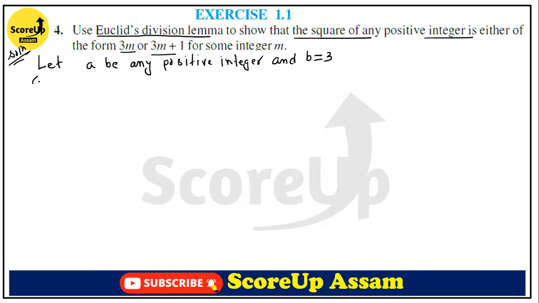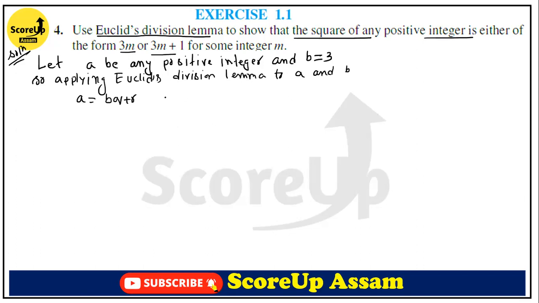Applying Euclid's division lemma to a and b, what can you write? a is equal to bq plus r, where r is less than b and greater than or equal to 0.